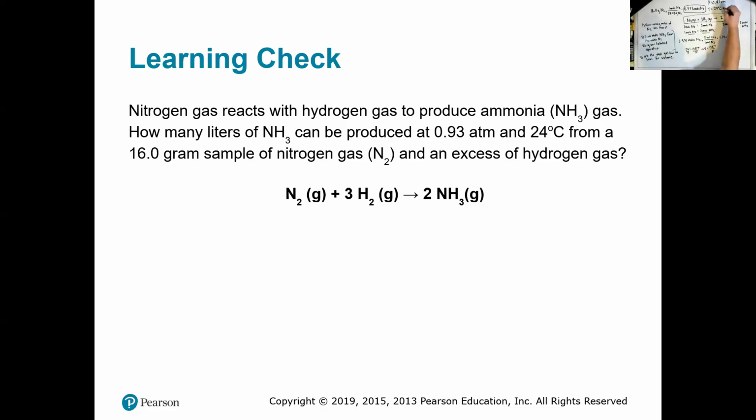Before I plug in my numbers, I want to make sure that I convert my temperature into Kelvin. And now I can plug in the values that I have. My n value, my mole value, is going to be my moles of NH3. My R value is going to be that same gas constant.